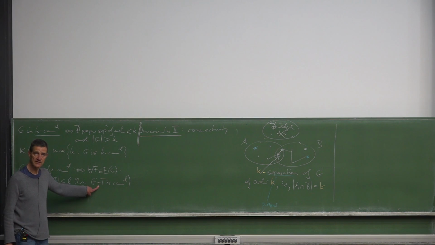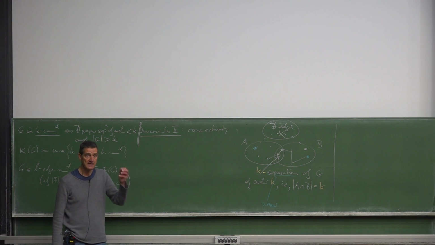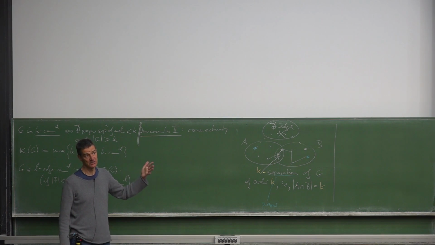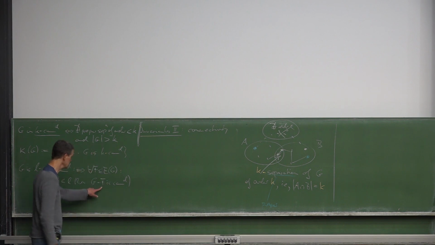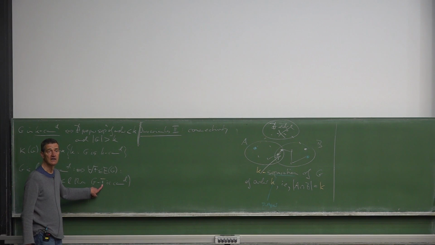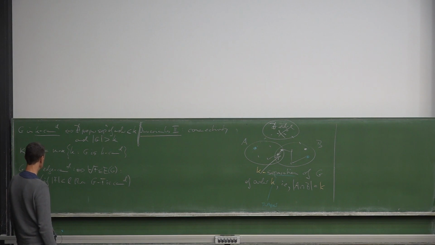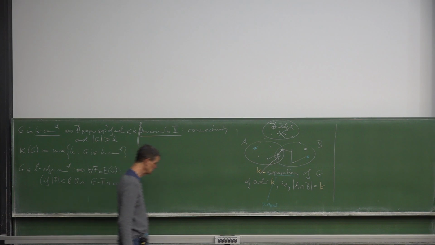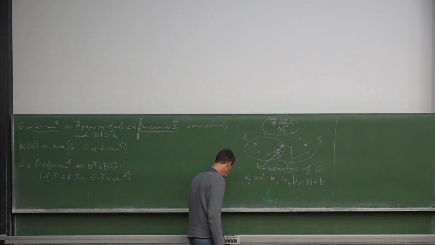Right, and remember the notation G minus F when F is a set of edges is just the graph obtained from G by deleting these edges that are in F, but not deleting any vertices. Right, so if U is a set of vertices, then G minus U is the graph you obtain by deleting the vertices, and necessarily, in order to get a graph, the edges incident with vertices in U. But G minus F just has all the vertices of G and the edges that are not in F. Okay, so this is when G is called L edge connected.